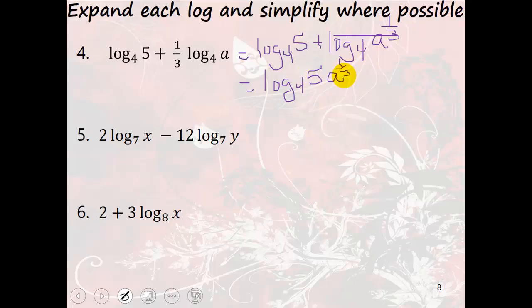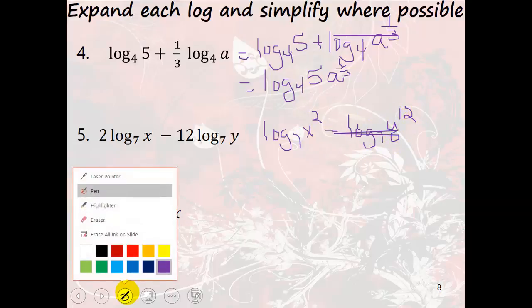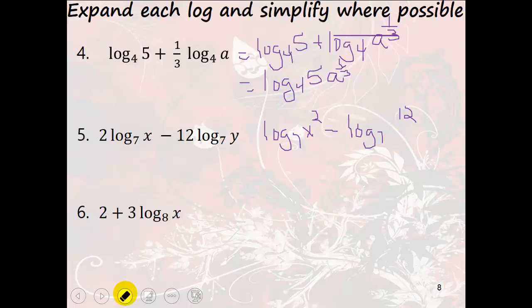Number 5, this is going to be log base 7 x squared minus log base 7 y to the 12th. And then that's going to become log base 7 of x squared over y to the 12th.